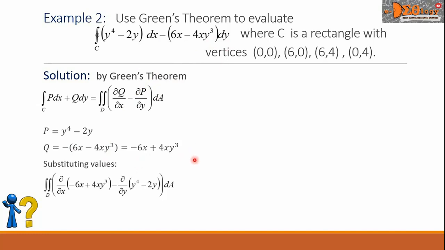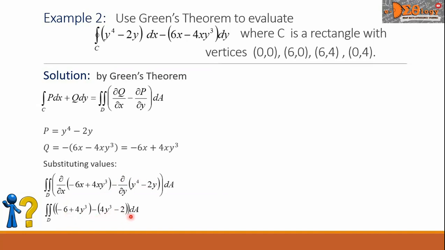Let us substitute the values in the double integral formula. Let us now evaluate the partial derivative of negative 6x plus 4x y cubed with respect to x. The answer will be negative 6 plus 4y cubed, minus the partial derivative of y raised to 4 minus 2y, so we have 4y cubed minus 2.